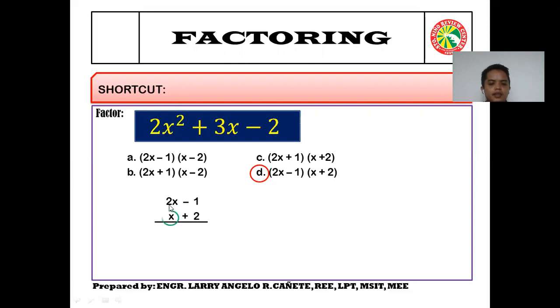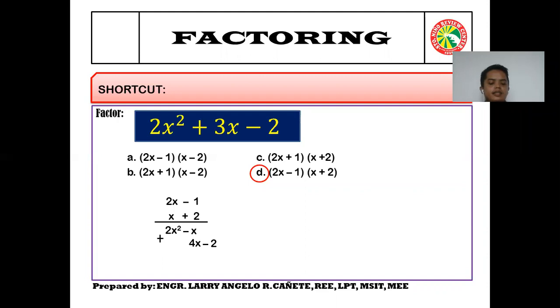So x times 2x is 2x squared. And then x times negative 1, that is negative x. Same with 2 times 2x, that is 4x, and 2 times negative 1, that is negative 2.